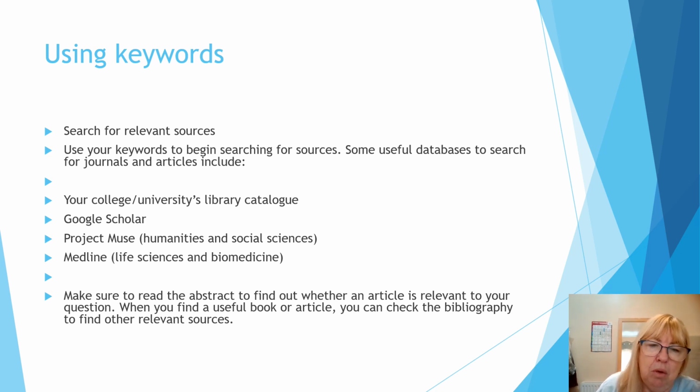There's also something called Project Muse, which deals with a lot of humanities and social sciences. So depending on what your question is, it might come under social sciences. It might be a society one. If you're doing something, say, like on obesity in, I don't know, middle-aged women, then Project Muse might be quite helpful because it's social sciences. There's also Medline, which is much more medicine and biomedicine.